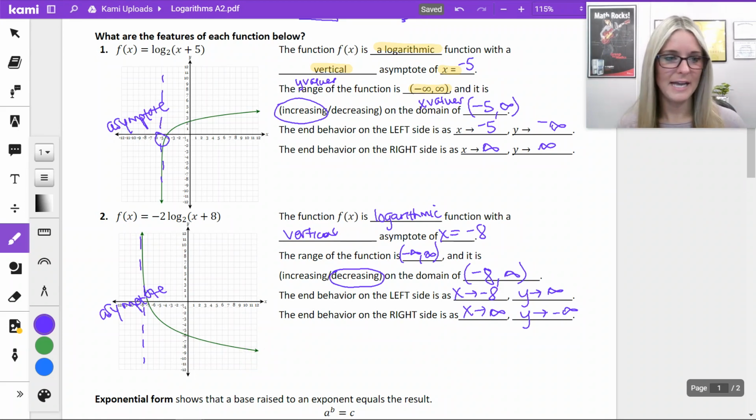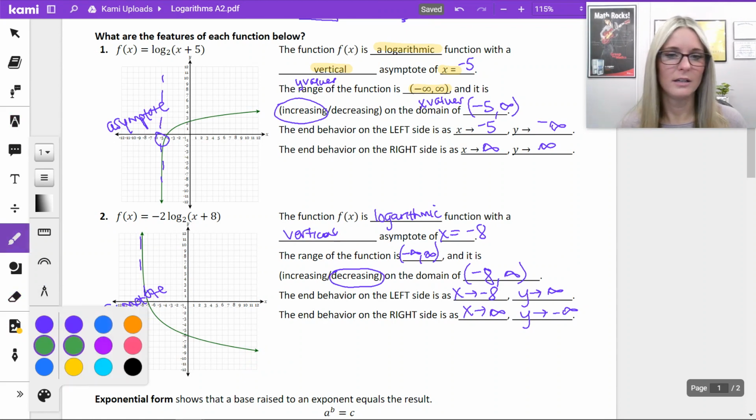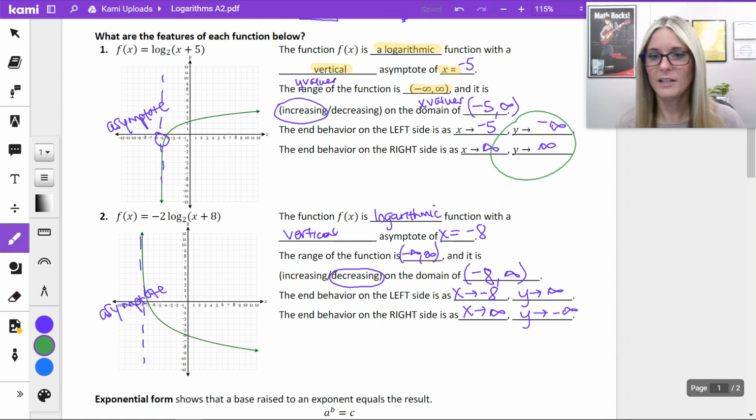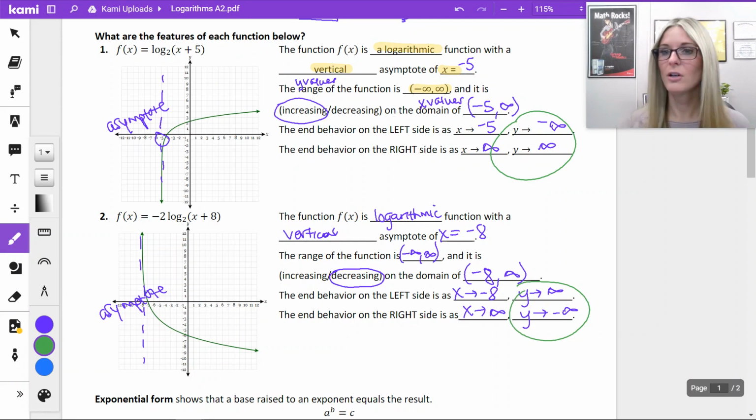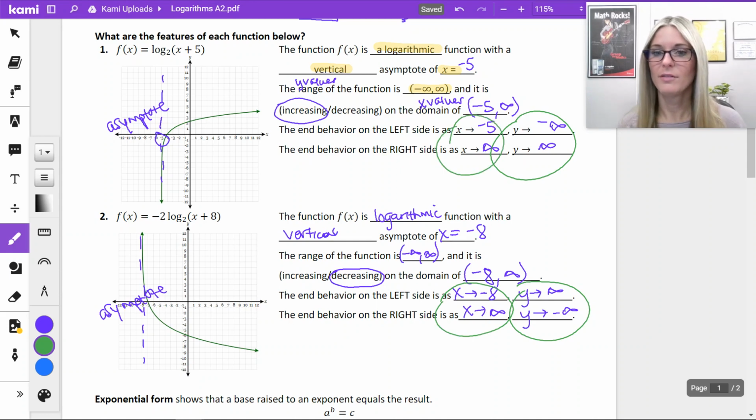I am noticing our y values in our end behavior were going to positive or negative infinity. We also saw in our domain, they were running into our asymptote. So our asymptote could be on the other side. So don't always think it's the left end behavior.